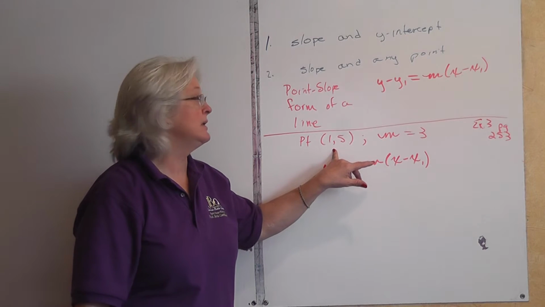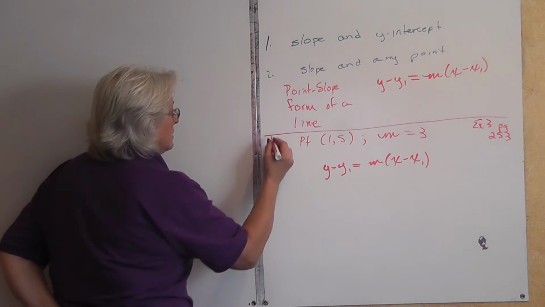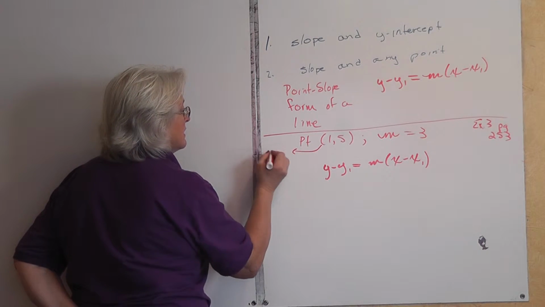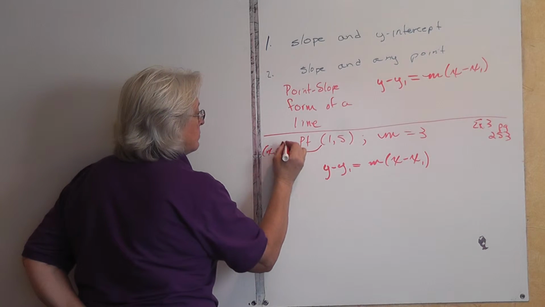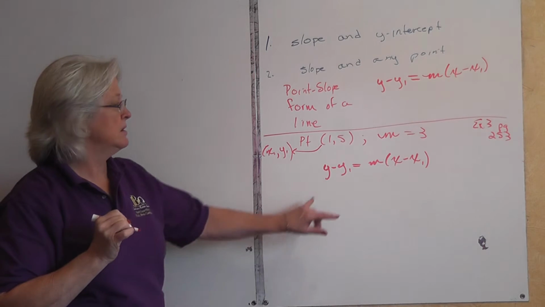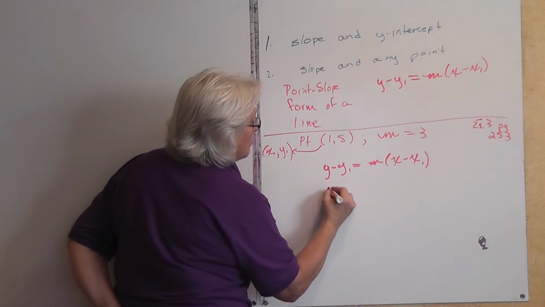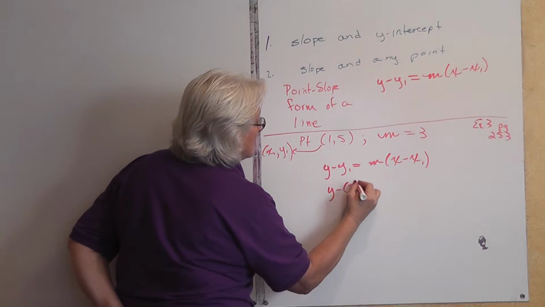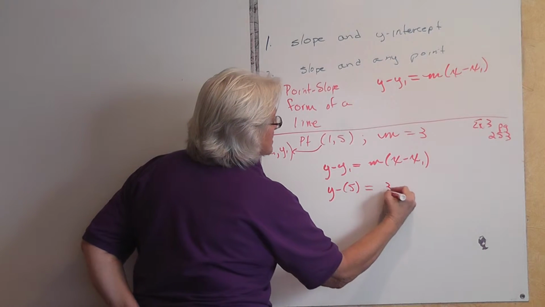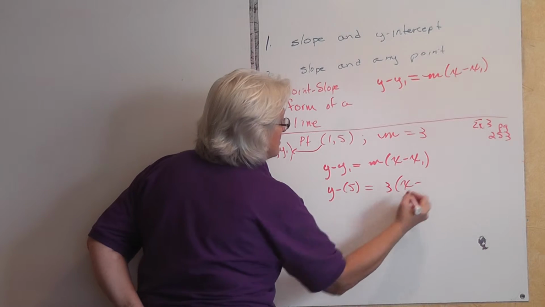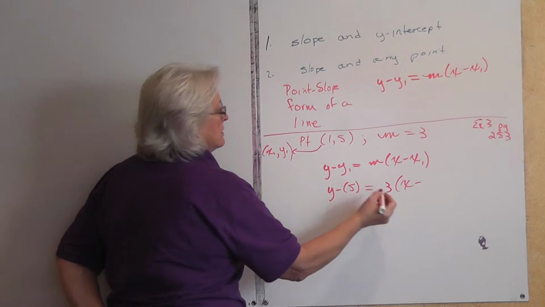The point that they give us is where we get our x sub 1, y sub 1. So we have y minus 5 is equal to slope here, which is 3 times x minus 1.